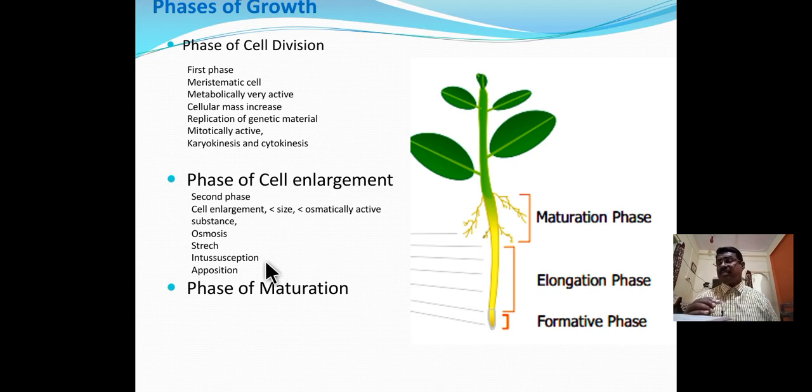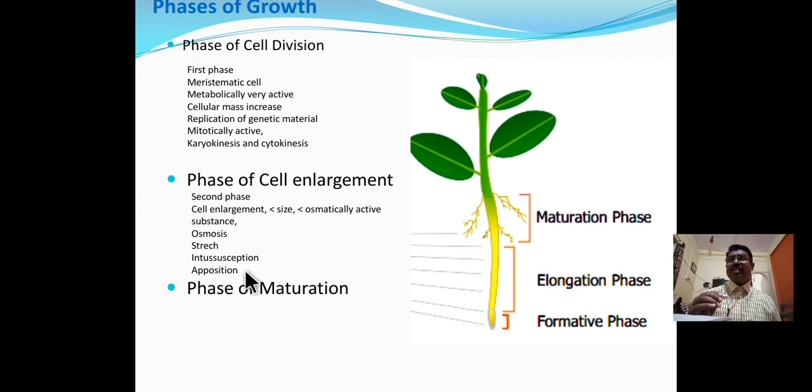Intussusception means deposition of new cellulose particles in between the particles of the existing cell wall, and the second is apposition. Apposition means new cell wall particles are deposited on the inner surface of the existing cell wall.